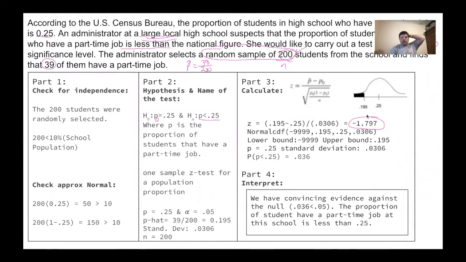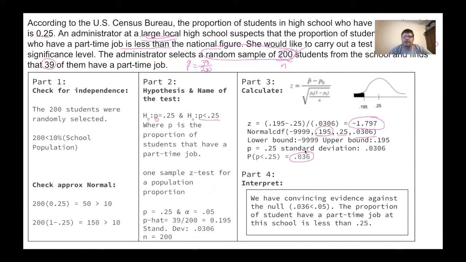we're going to figure out where that would be on a normal distribution. Okay, so we're actually going to try to figure out where our number would be on the normal distribution with a mean of 0.25 and a standard deviation of 0.0306. And when we find that out, that gives us the probability of 0.036.